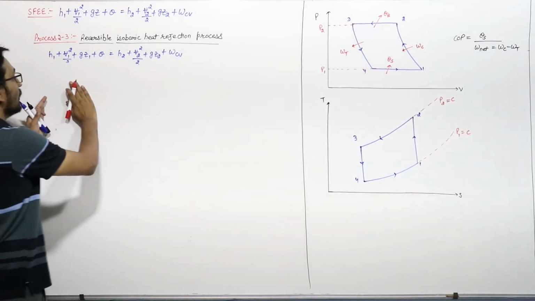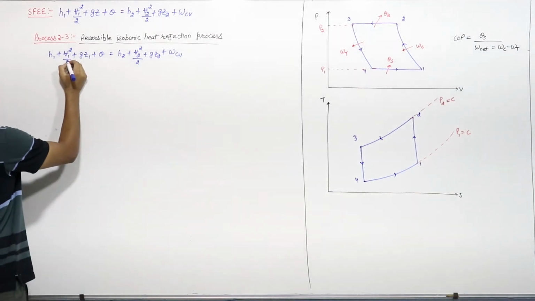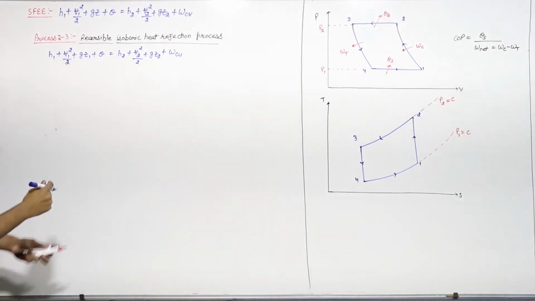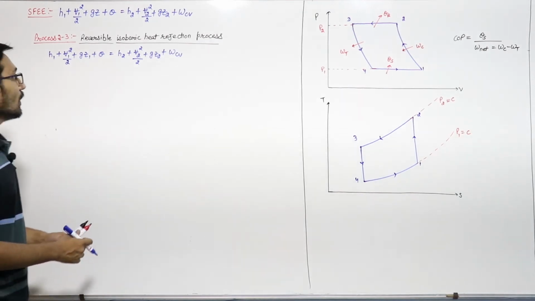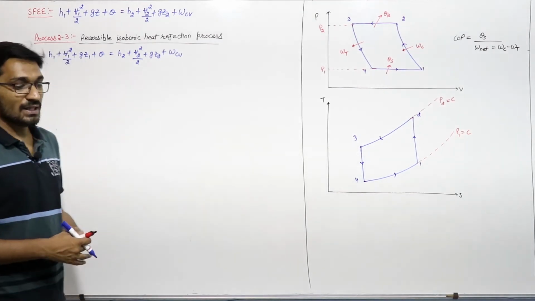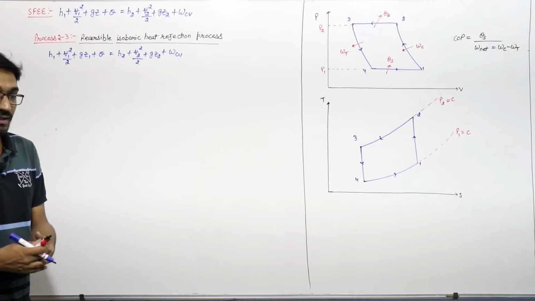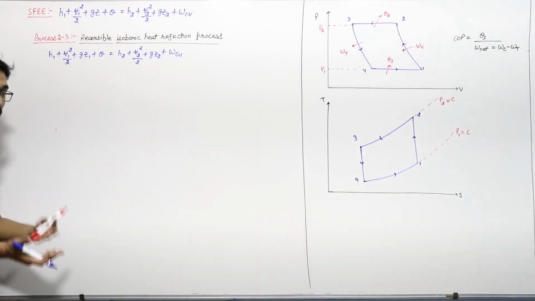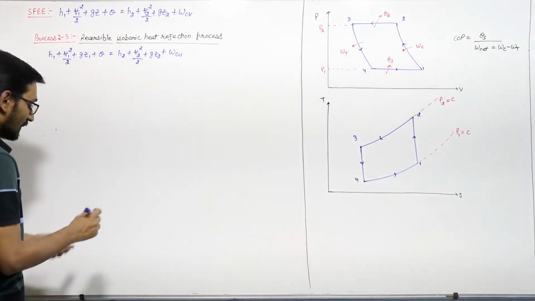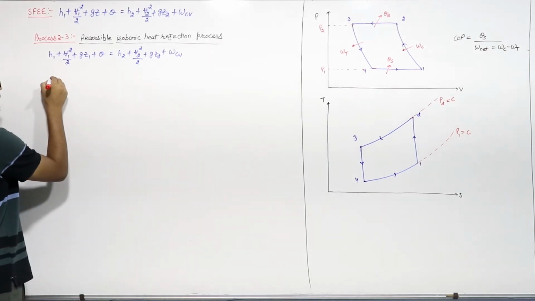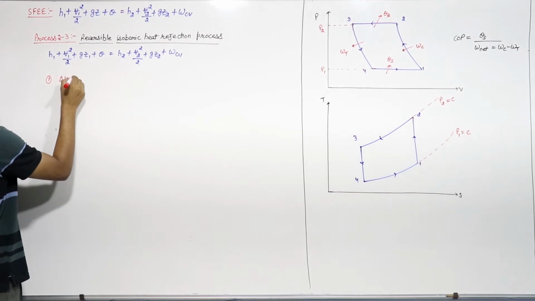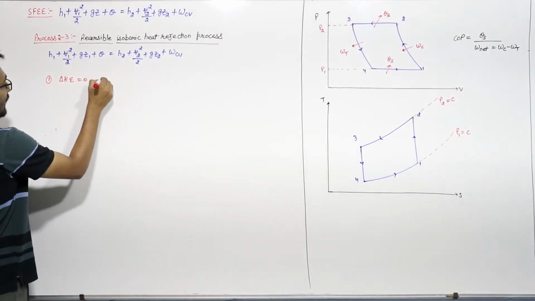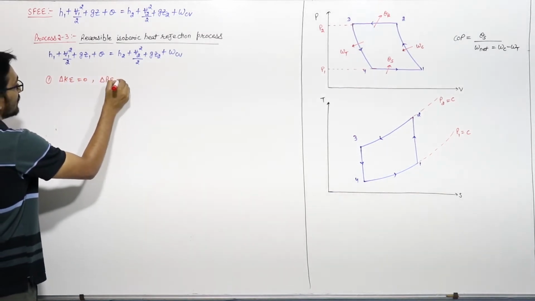So this is the steady flow energy equation, that is H1 plus V1 square by 2 plus GZ1 plus heat transfer or heat added to the system is equal to H2 plus V2 square by 2 plus GZ2 plus work done by the system, or work done by the control volume, if you say precisely. Now the first assumption is changes in kinetic energy is 0 and changes in potential energy is 0.